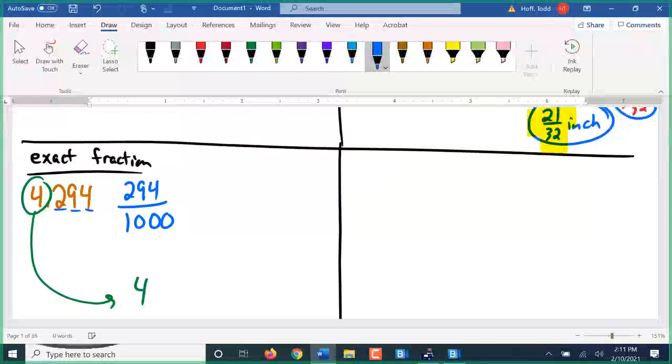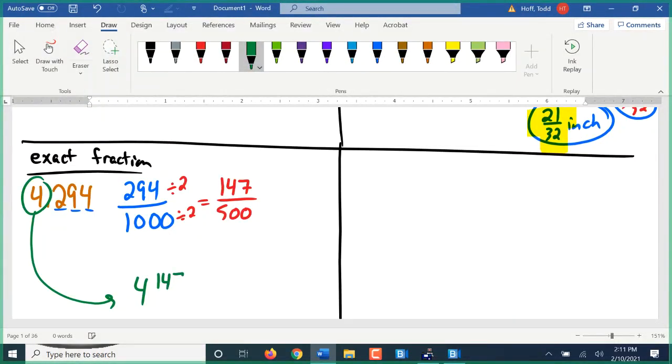Tenths, hundredths, thousandths. 3 decimal places, 3 zeros in our denominator. Both of those numbers can be reduced by 2. So I'm going to divide by 2. 294 divided by 2 is 147. 1,000 divided by 2 is 500. And I don't think that can be reduced by anything. 147 can actually be divided by 3. That doesn't help us anywhere here. So that's as far as we're going to reduce it. So it's 4 and 147 500ths. That is as an exact fraction.